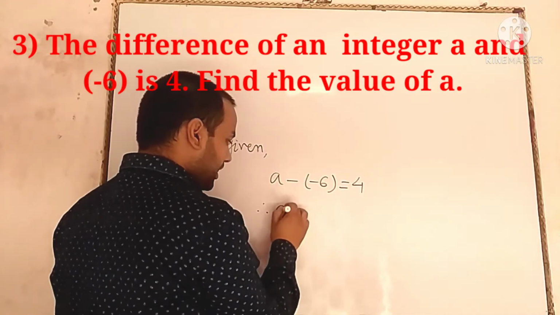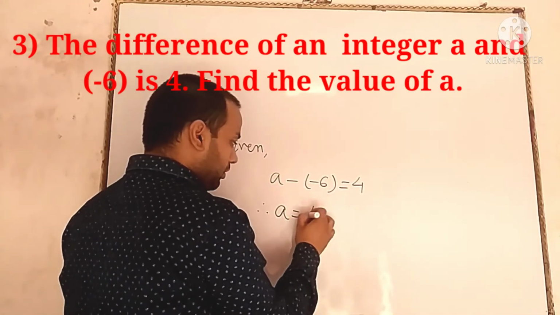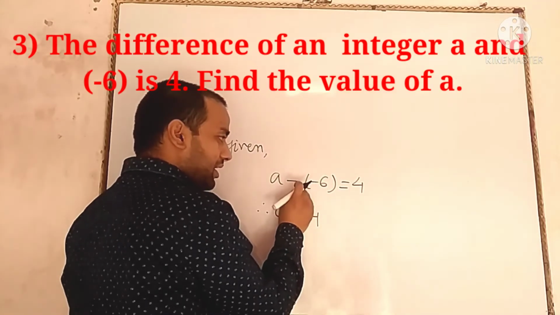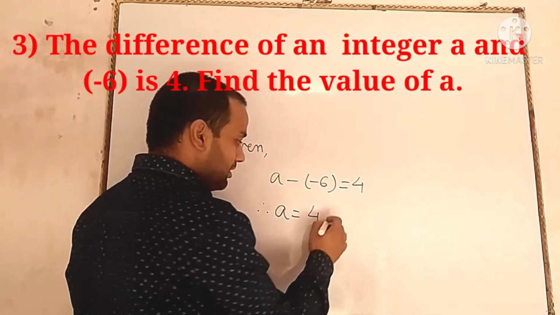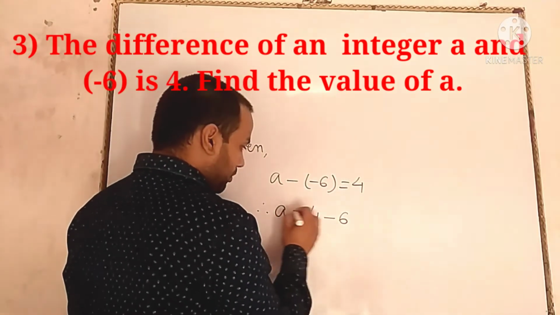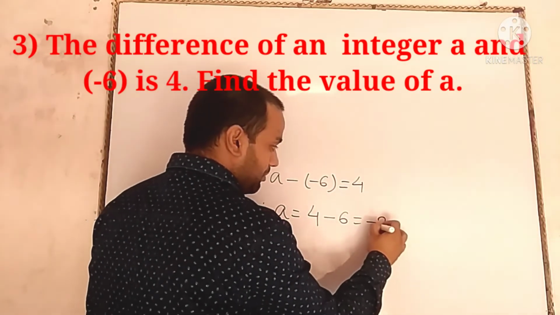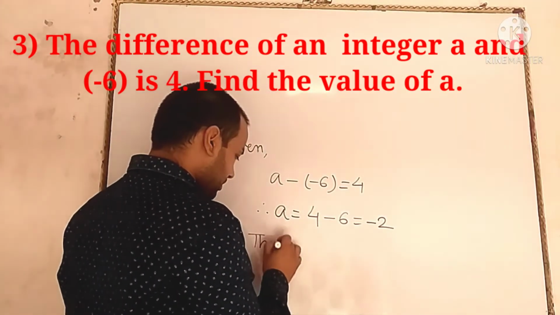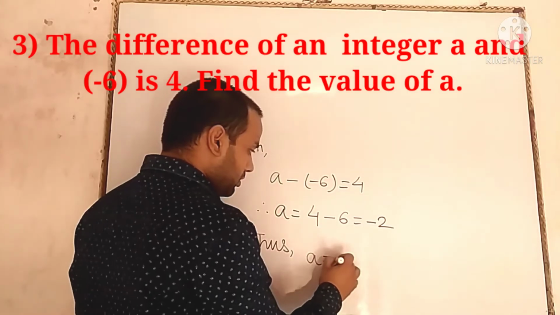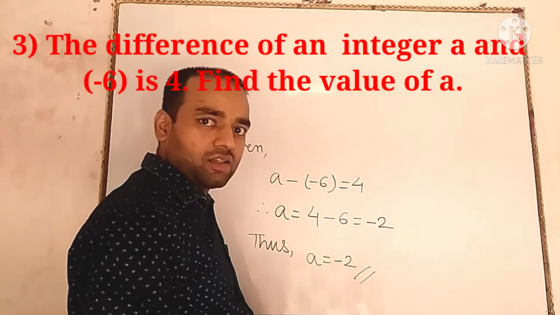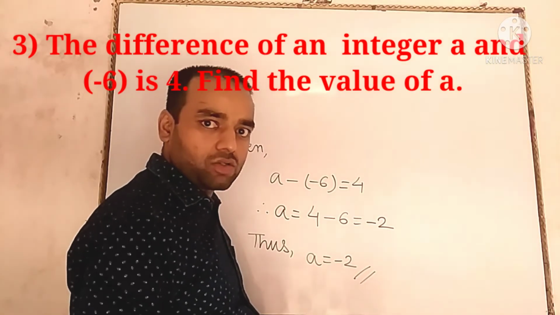So therefore a is equal to 4, or minus minus plus, or plus 6 on the right side converts into minus 6. So 4 minus 6 we get minus 2. Thus a is equal to minus 2. This is your required answer. Now let us discuss the last question.